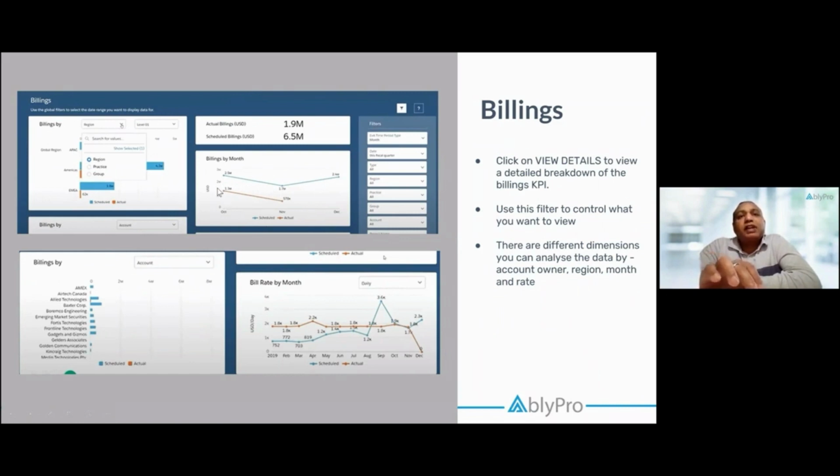And as you can see, the actual billing is not matching the scheduled billing, which was already there, right? So it's like 50%. It's almost half of what your scheduled billing was, right? So you can see what we are missing, which we can actually do to increase the actual billings. So these are different dimensions which you can analyze depending on different parameters, which will actually give you an idea of what needs to be done.